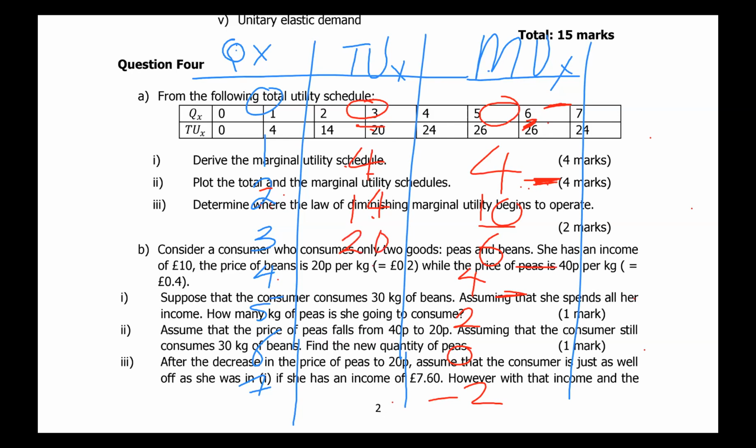And 20 plus 4 gives us 24. 24 plus 2 is 26. 26 plus 0 is 26. And 26 minus 2 is 24. Did you get that? Yes, I got it, sir.